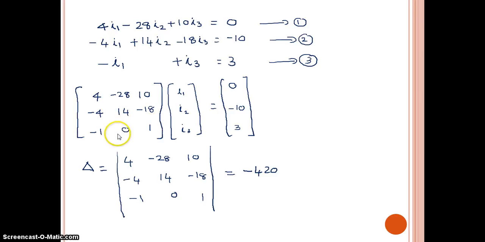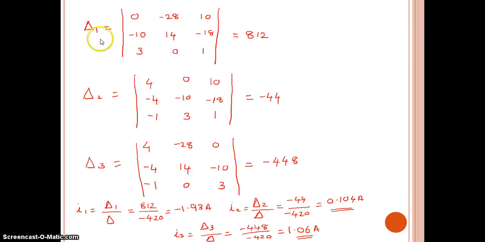Now find the determinant. Doing it the normal way, we get it as minus 420. Now find delta 1, replacing the first column by the answer column, then delta 2, replacing the second column, and delta 3, replacing the third column. We find delta 1, delta 2 and delta 3 for getting I1, I2 and I3.